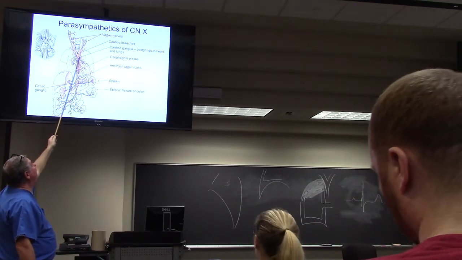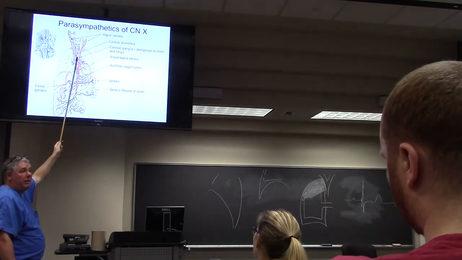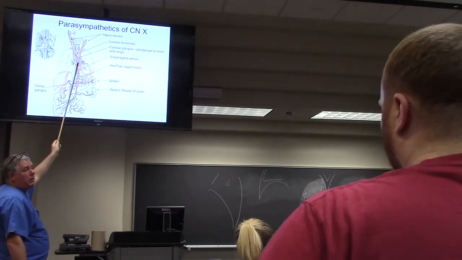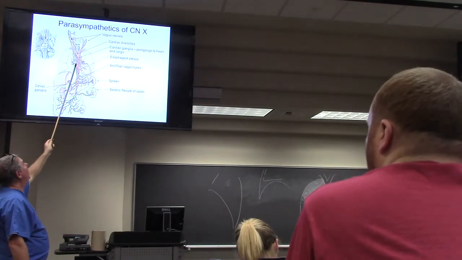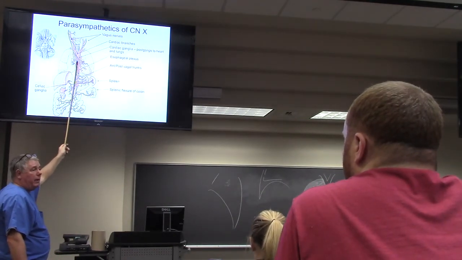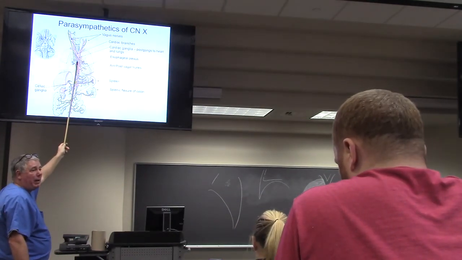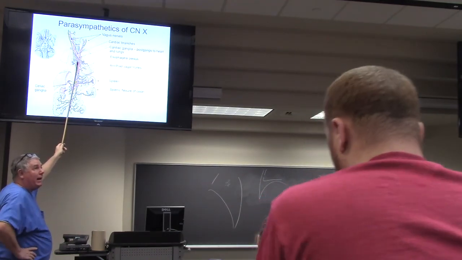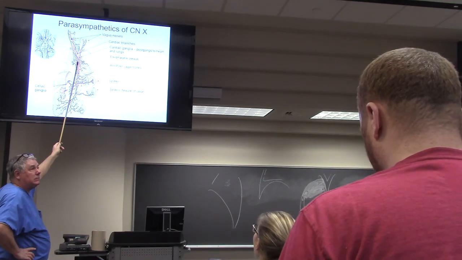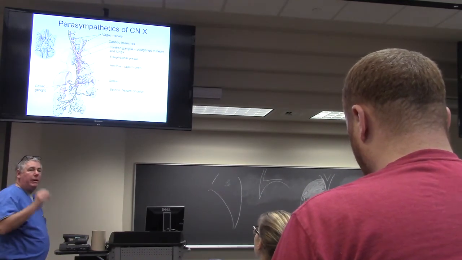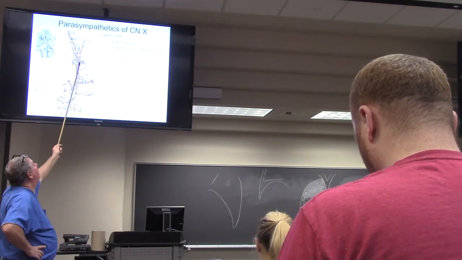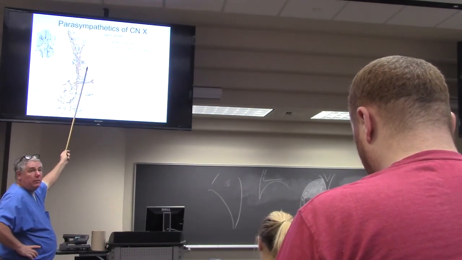They enter the chest and dive into the cardiopulmonary ganglionated plexus. That's where they're going to find their postganglionics, and then it's just going to hop off from there right over to the lungs or to the heart.